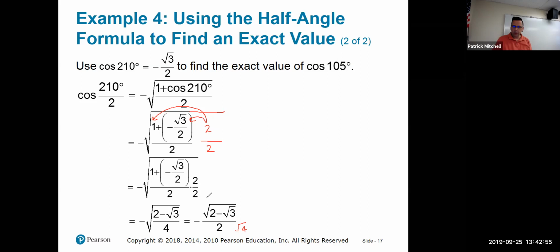Okay, so final answer. The cosine of 105 degrees is negative square root of 2 minus the square root of 3 all over 2. Now, there's something interesting with problems like this. Another way to find the exact value of cosine 105 degrees is to use either a sum or difference formula. So here's a fun little exercise.